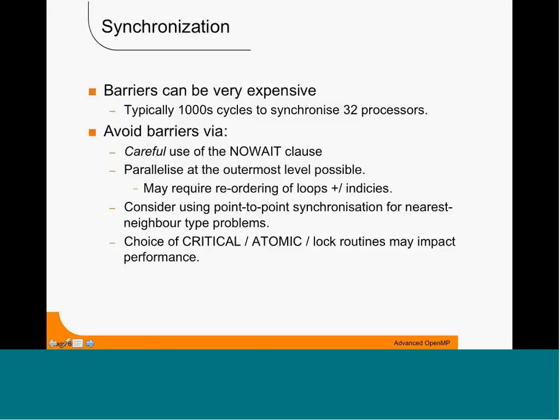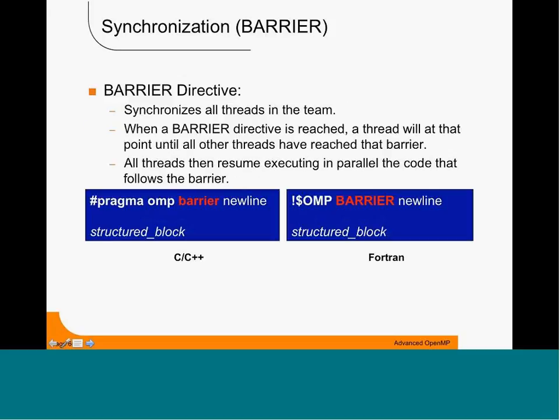Okay, now synchronization. It is really expensive because when you have the barrier, that means it has to wait until the others finish their work. A number of synchronization directives are available. So you synchronize all threads in the team.